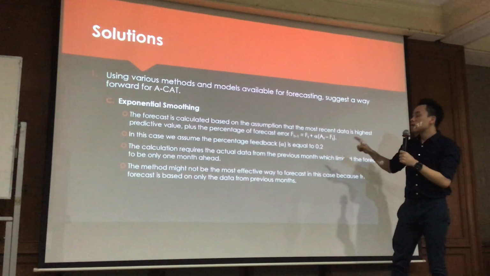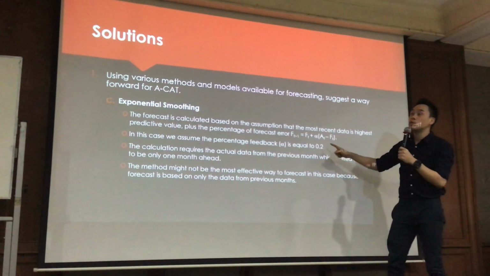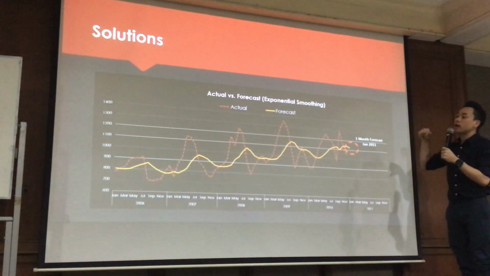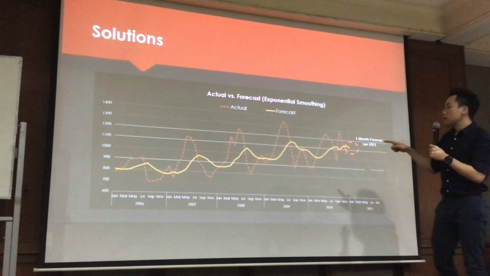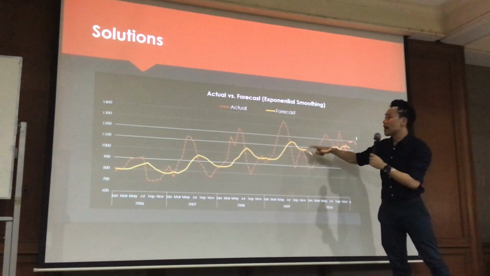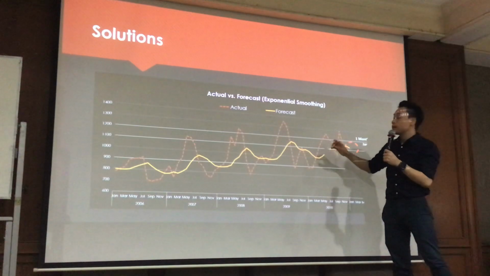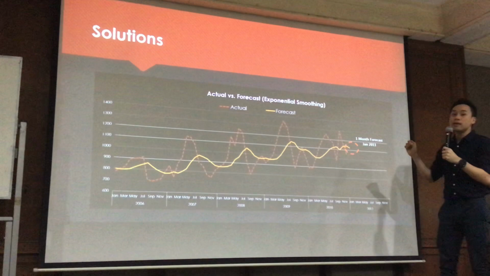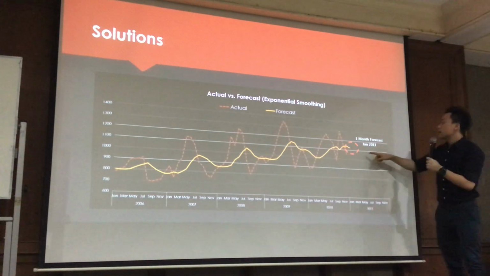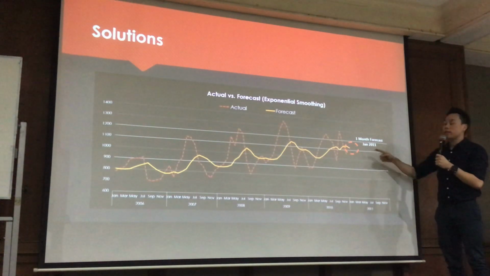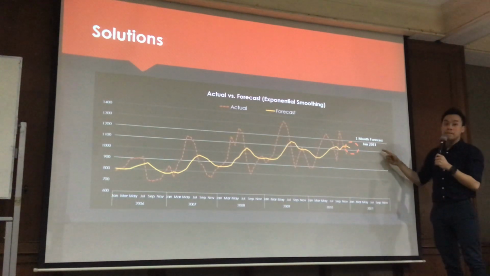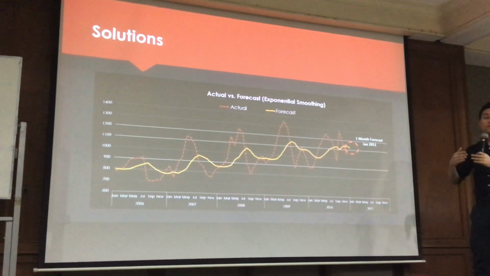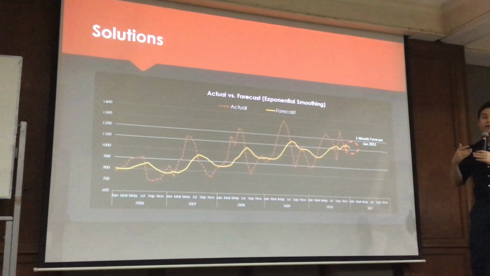In this case, we use alpha equal to 0.2, and then come to the result. You will see that the actual result and the forecast are very different. This kind of method requires the actual data to forecast. Therefore, we can calculate only one month of forecast, which is January 2011. So this kind of forecast might not be suitable if you want a forecast in the long run.